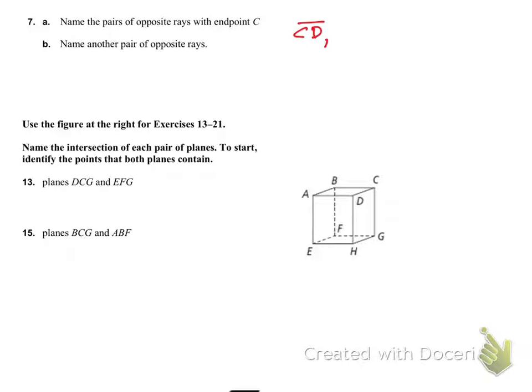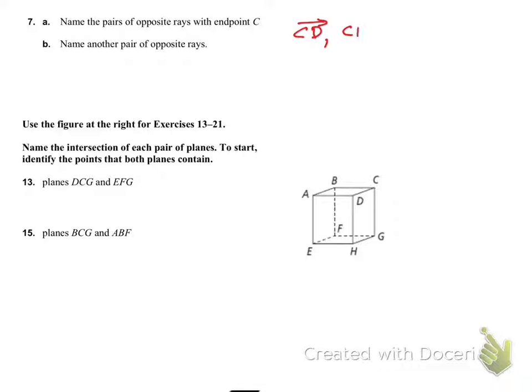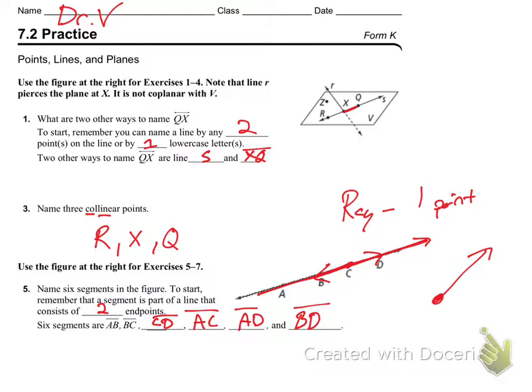And then this is our ray, which is one line like that, with one arrow. And then the opposite of that would be, in this case, CB. So CD and CB. And then name another pair of opposite rays. So we just needed any other pair of opposite rays.